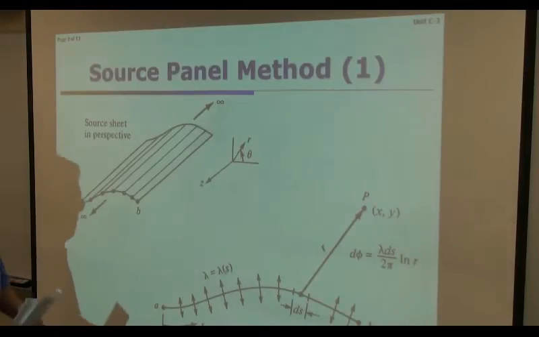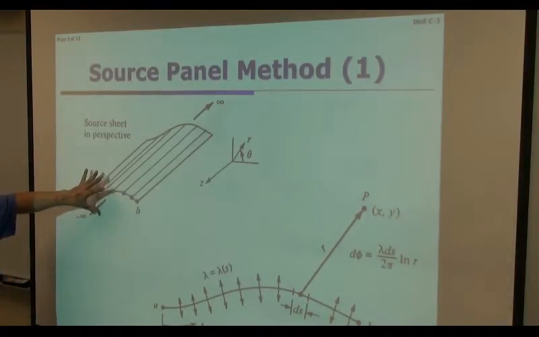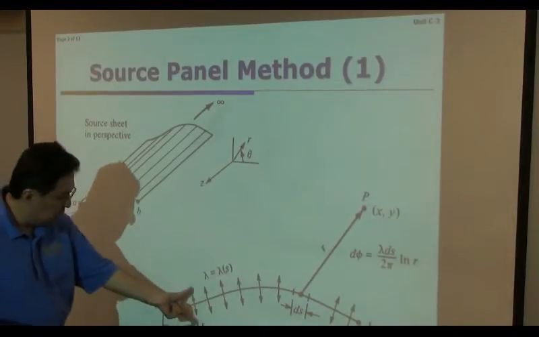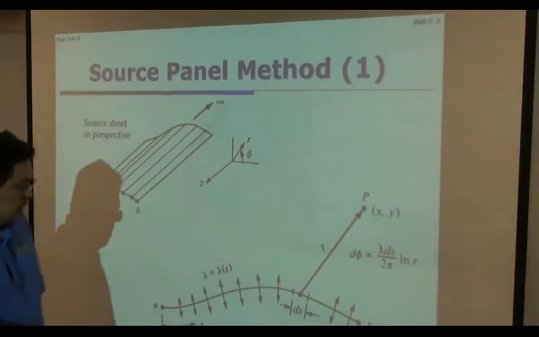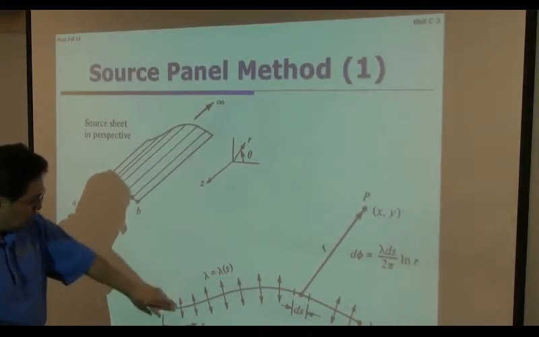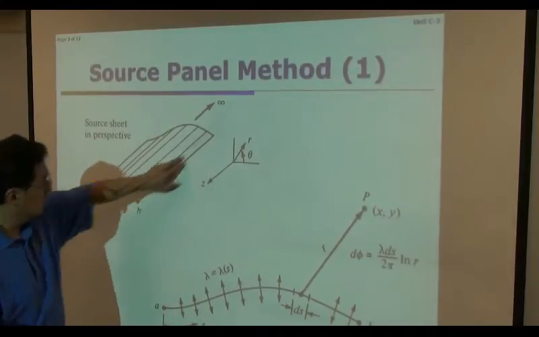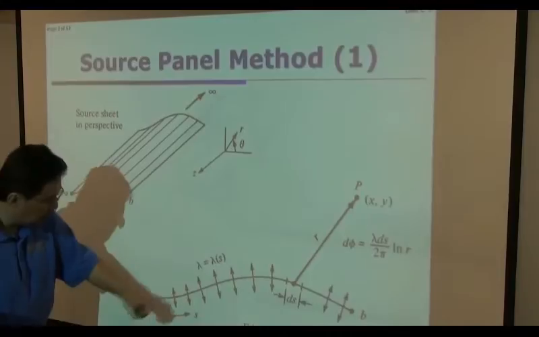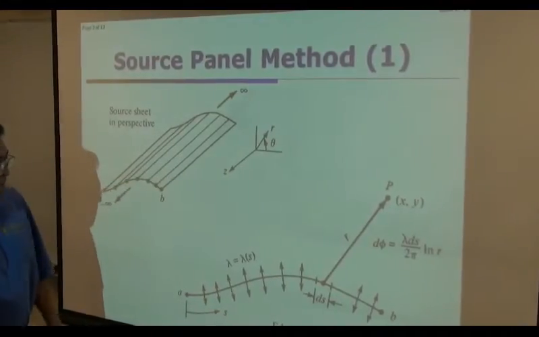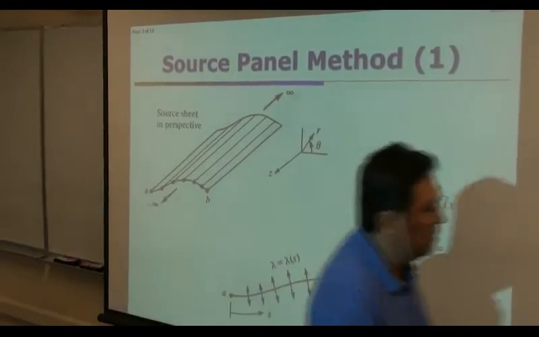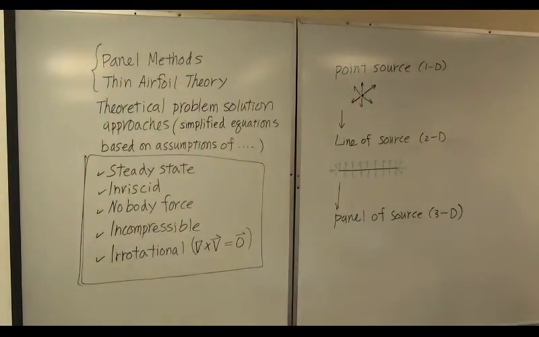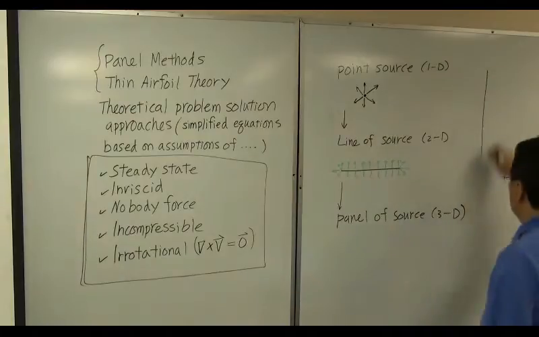Okay, so once this kind of thing is placed in the flow field, since it is made up of sources, you are going to create flow. Depending on the magnitude of each panel, you are going to create a different value of flow out of each panel. So let's imagine this situation.